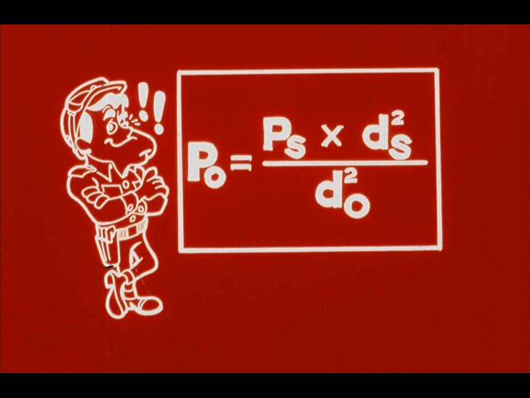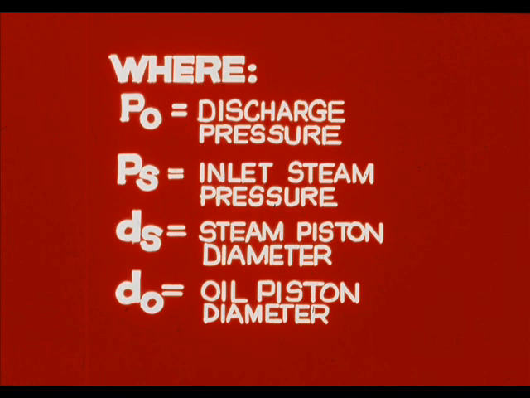You can calculate the discharge pressure by the formula P sub O equals P sub S times D sub S squared over D sub O squared, where P sub O equals discharge pressure, P sub S equals inlet steam pressure, D sub S equals the steam piston diameter, and D sub O equals the oil piston diameter.